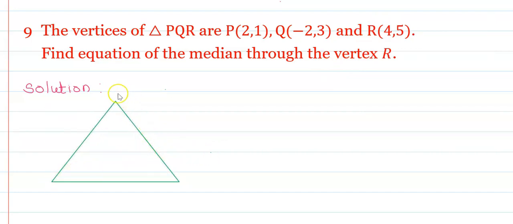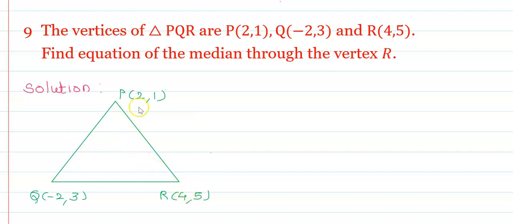The first point P is (2, 1). What about Q? Q is (-2, 3). R is (4, 5). Now the median.